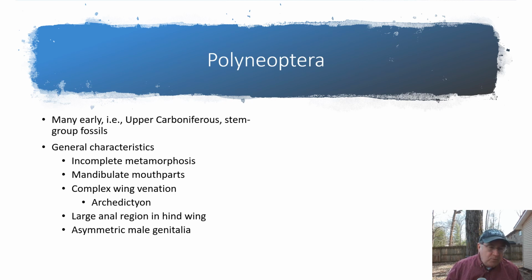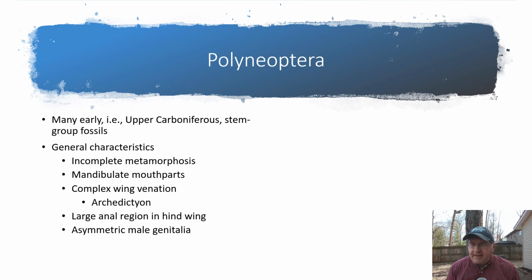As a general rule, and you'll see some exceptions right away as I get into talking about the orders, if they have wings, then members of the Polyneoptera tend to have rather complex wing venation, and by that I mean they have a relatively complete set of the basic longitudinal wing veins, so starting with the costa and proceeding posteriorly: costa, subcosta, radius, cubitus, anal region, and jugal veins.